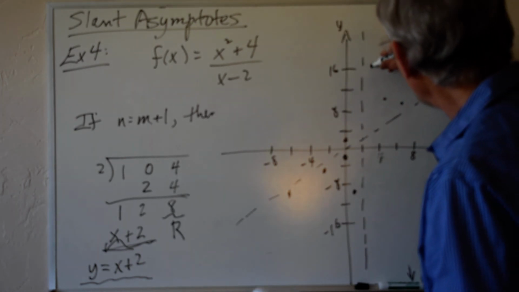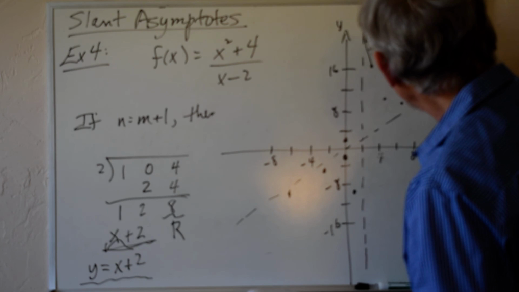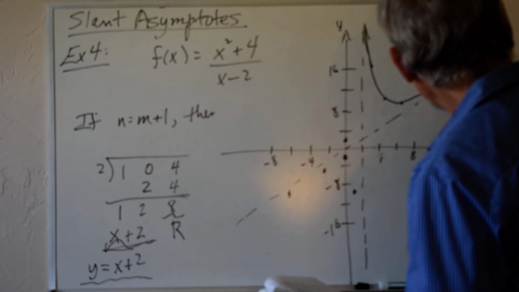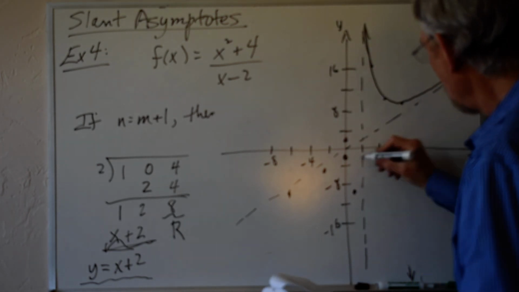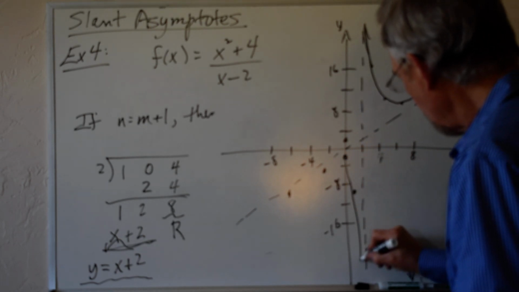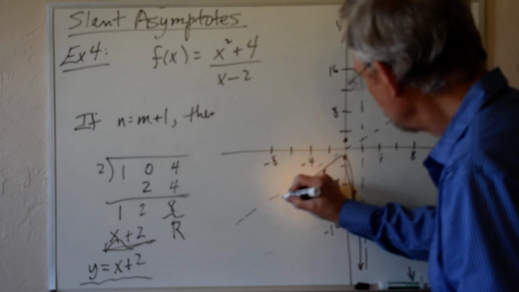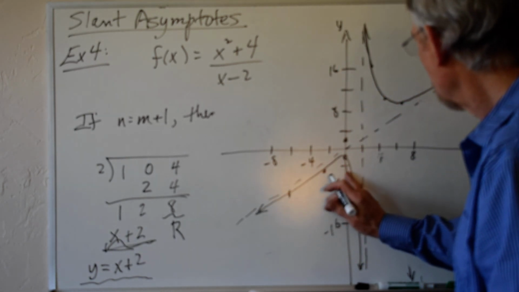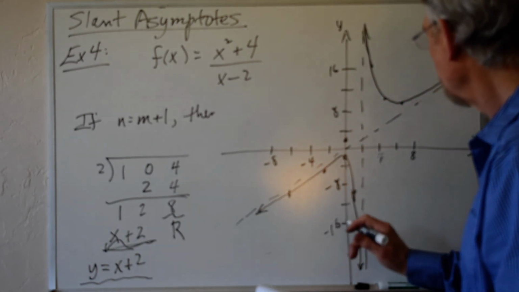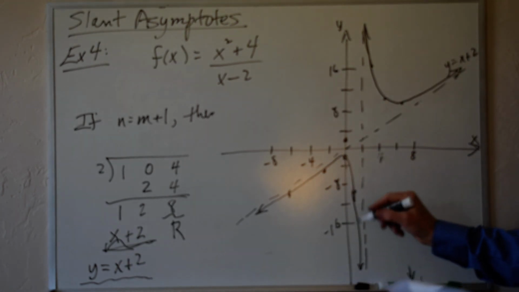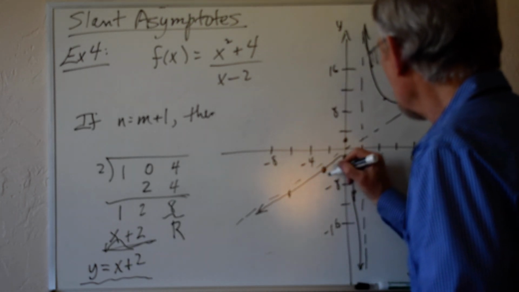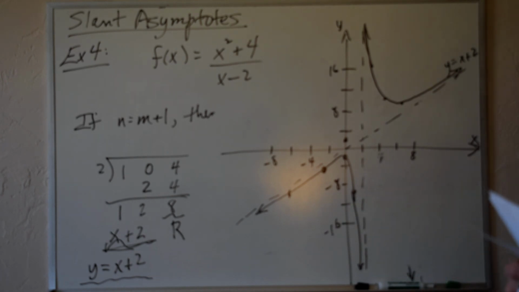And you can see what's going on. There's the asymptotic effect there. There it is going to the slant asymptote. And here, sloppy drawing, but you get the idea. We have that asymptotic effect over there. Slant asymptote.